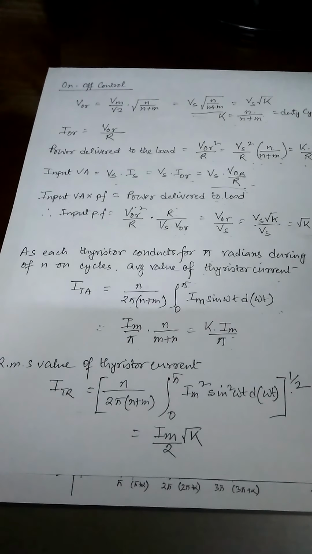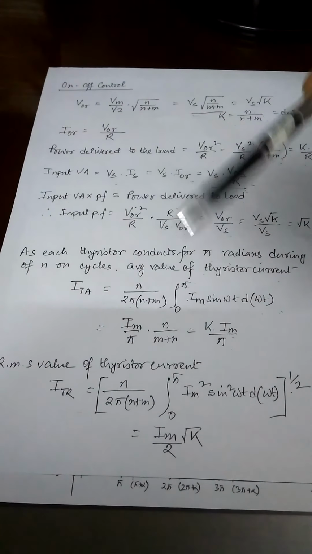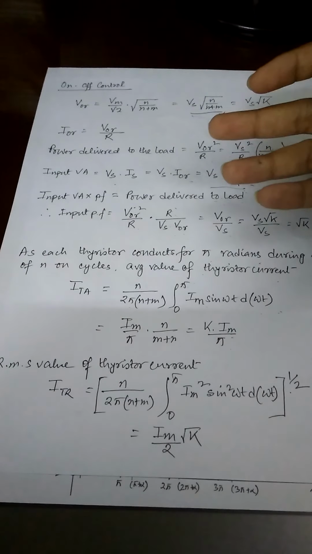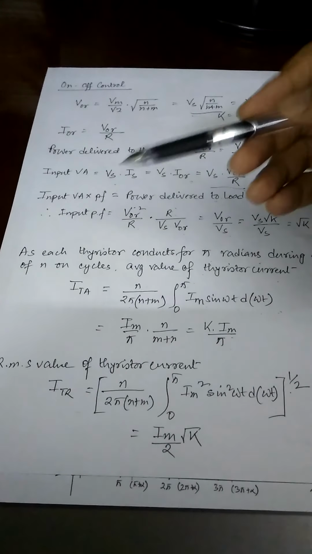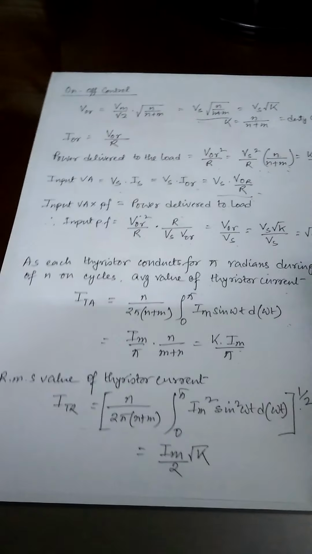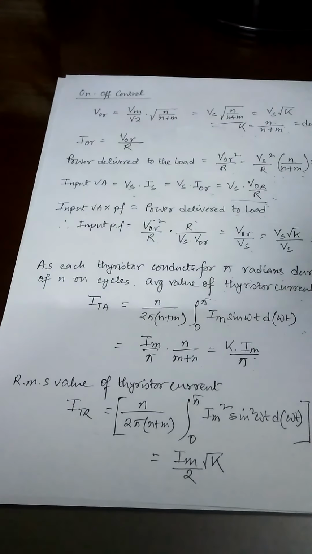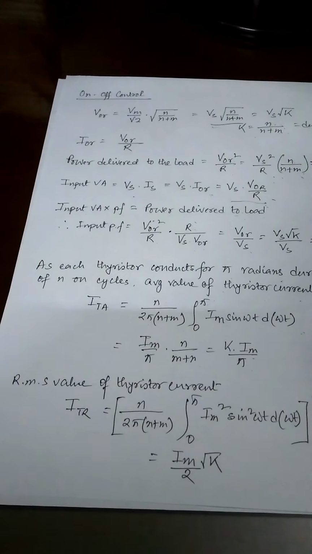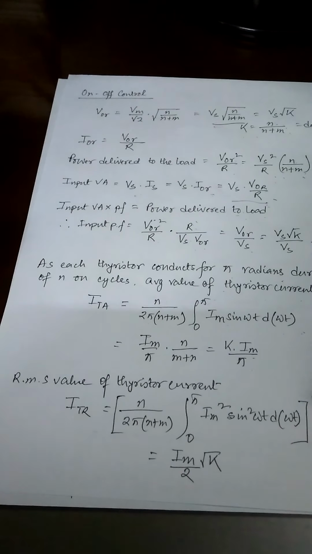Now we have already derived in earlier classes the voltage RMS value, and now we have the load current value, the source current, the input power, output power, power factor, and also the currents going through the thyristors. Depending on these values we can do the mathematical problems.